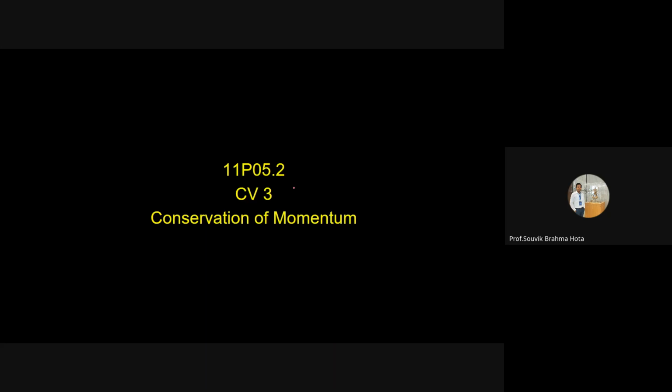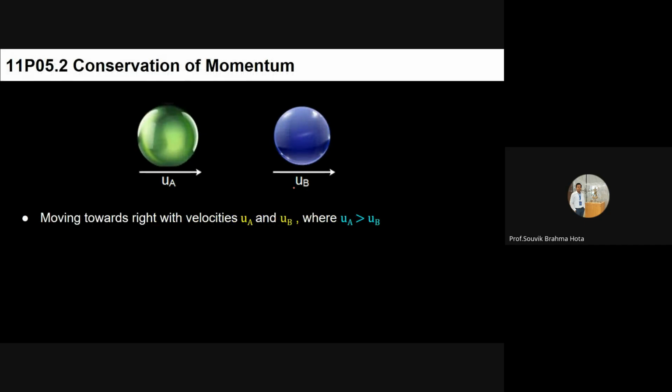Now conservation of momentum. If you consider that, uA is the initial velocity of A, uB is the initial velocity of B, now moving towards the right with velocities uA and uB, where uA is greater than uB.